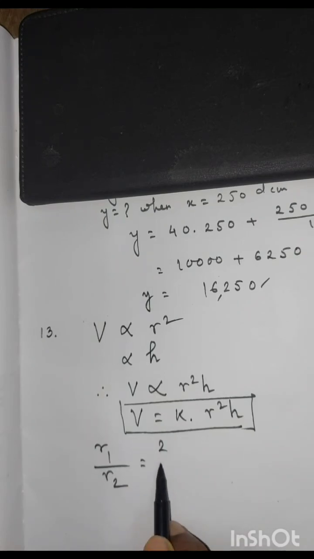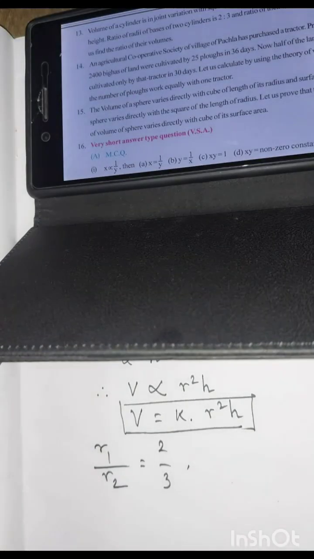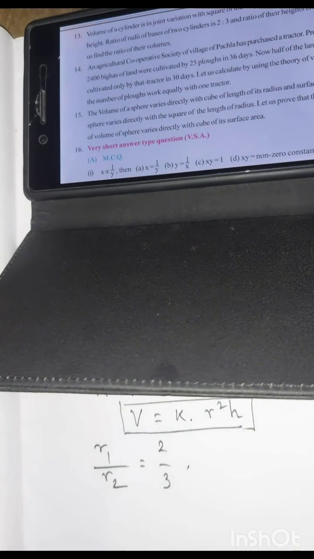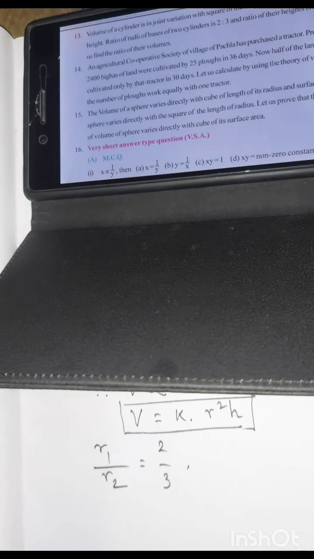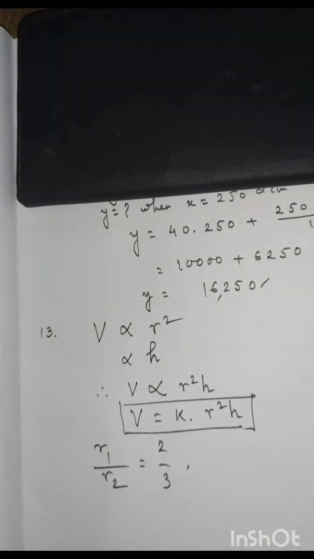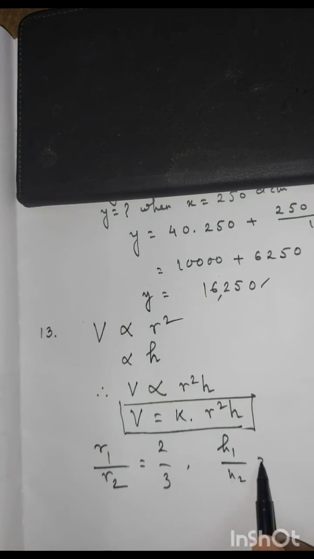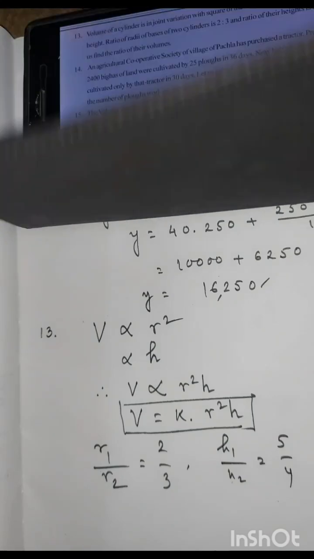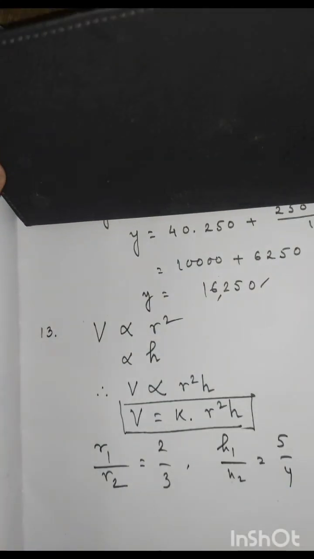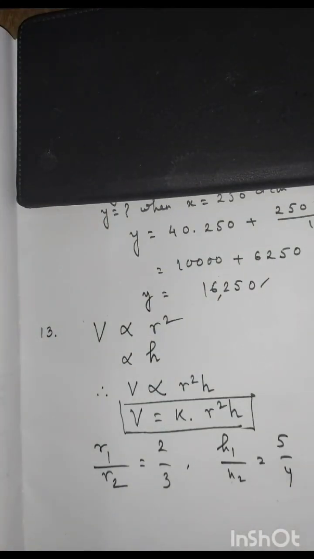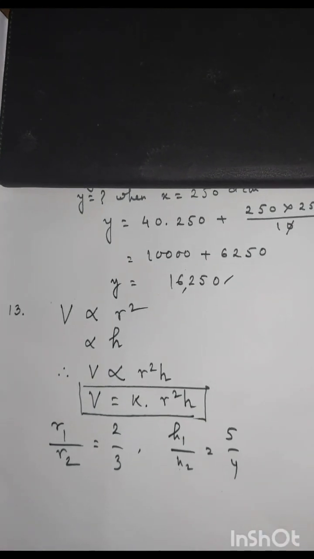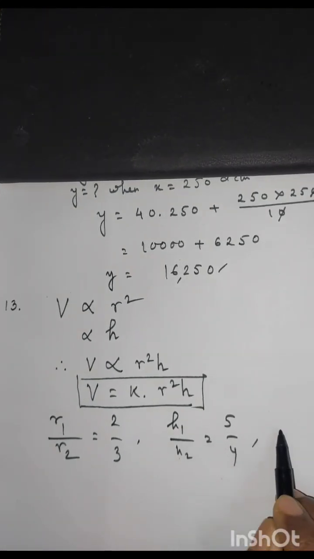This is 2/3 and the ratio of their heights is 5:4. So H1 by H2 is 5:4. We have to find out the ratio of their volumes.